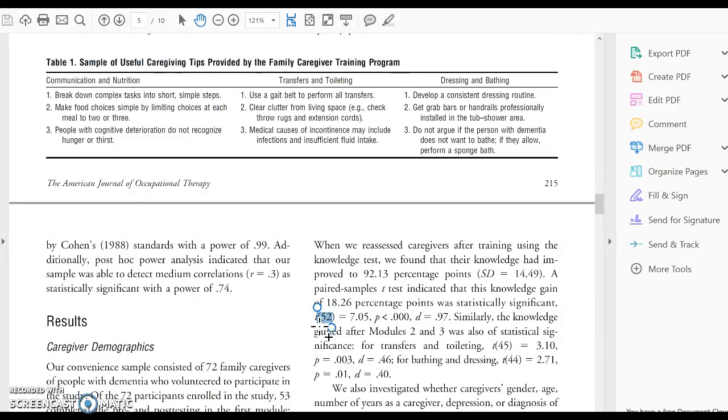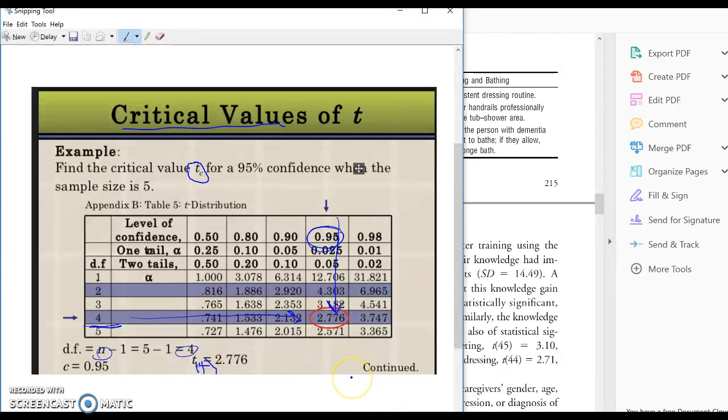So n minus 1 gave us 52, and using the same chart, again, this is an example, you would just do the exact same thing. We know it's based off of an alpha level of 0.05, which is a confidence level of 95%. We know that it's two-tailed, so we go over, and that's how we figure out our critical value. For this point, that's all we need to know.